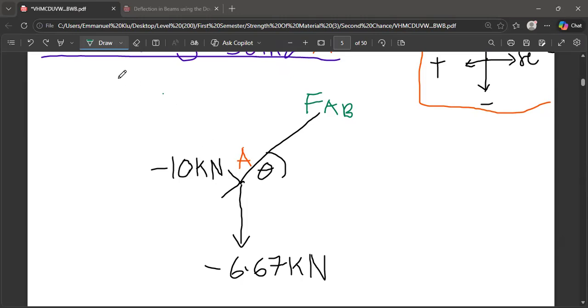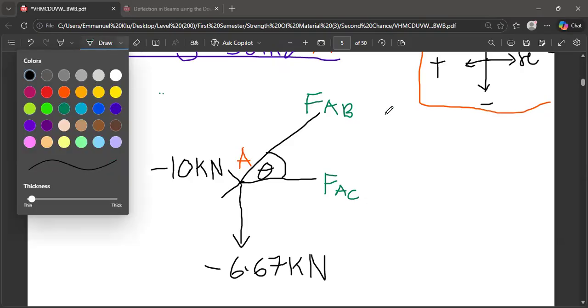And these are just the forces at. This is now going to become FAC. You see, exactly. Then from here, we can now write our height.